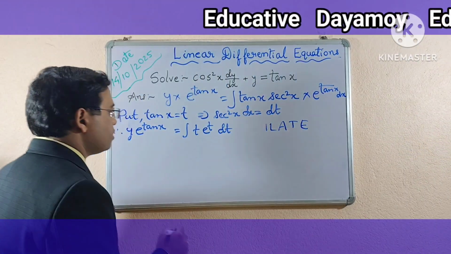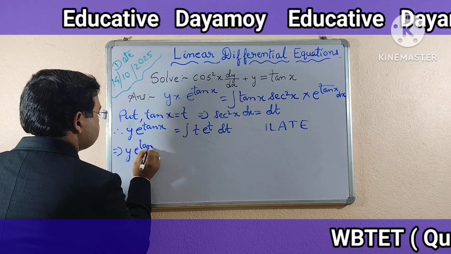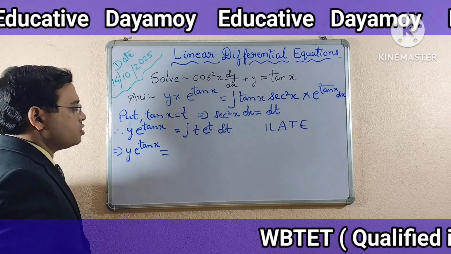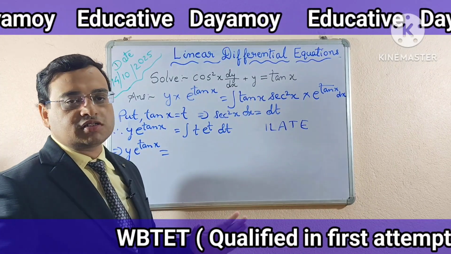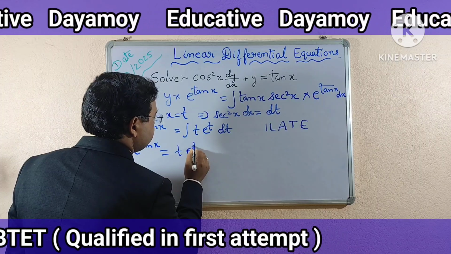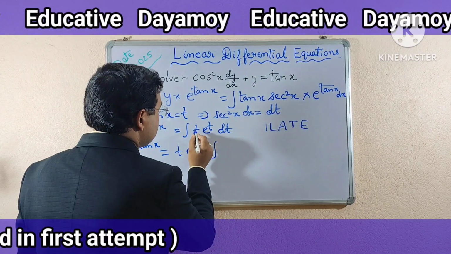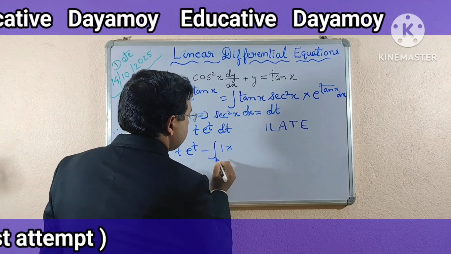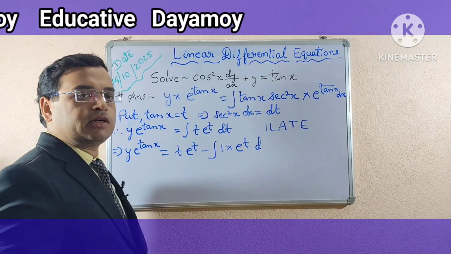So I will write y e to the power tan x equals the formula: first function into integration of second function, minus integration of differentiation of first function into integration of second function into dt.